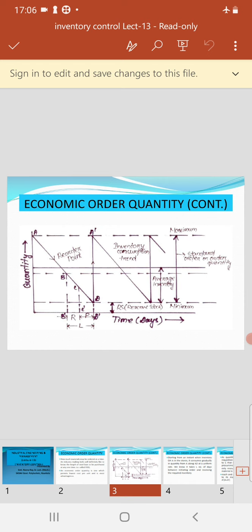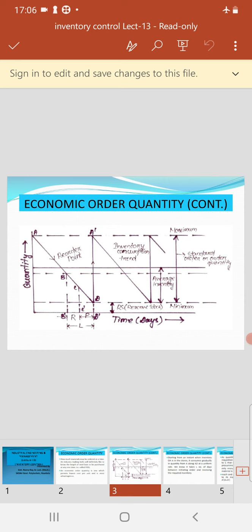So once the quantity reaches this level we have to start placing the order, and this D dash is the buffer level, because after receiving the order, if by chance some delay or some increase in demand occurs, then this inventory will support the manufacturing system.